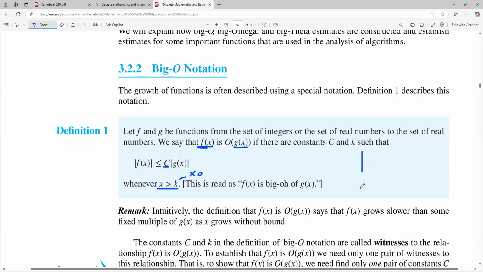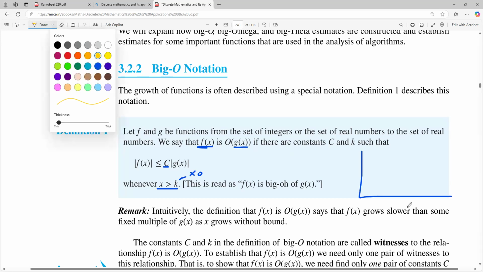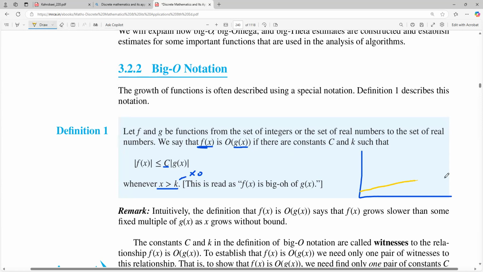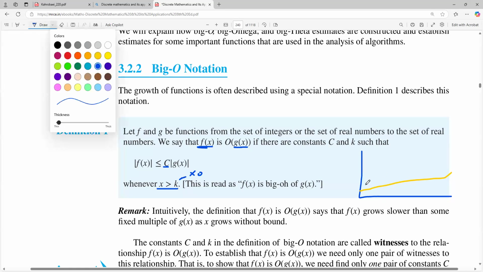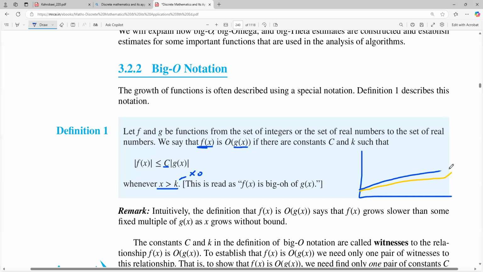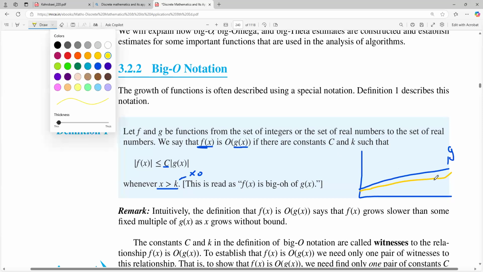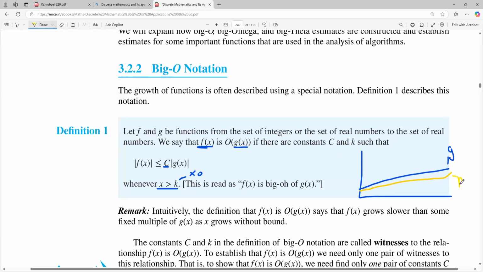If you want to see it graphically, think of this as f, and this is g. The whole idea is we want to bound f by some function that's always growing greater than it.